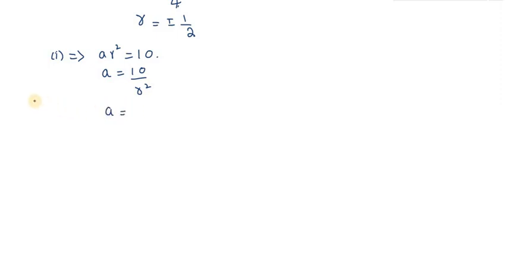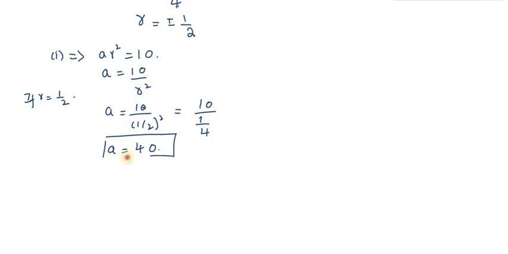If r is equal to plus half, so we get 10 upon 1 upon 4, that is a is equal to 40. So by putting the value of r is equal to 1 upon 2, we get the value of a as 40.